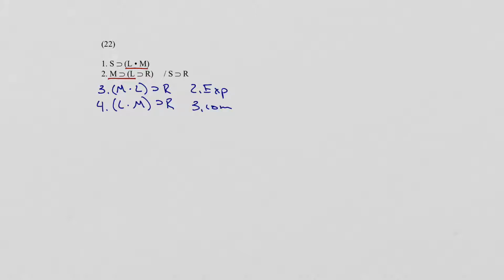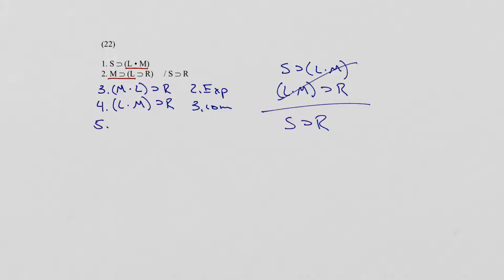Perfect. That's exactly what I wanted. So if you look at it, you have S, L dot M, and then over here you have L dot M to R. These two are going to cancel each other out. You're just going to end up with S to R. So we're going to use line 1, and we're going to use line 4, and we're going to do our HS.